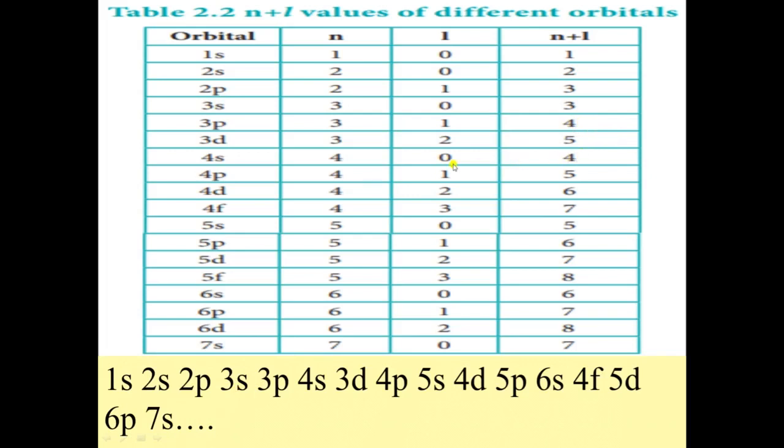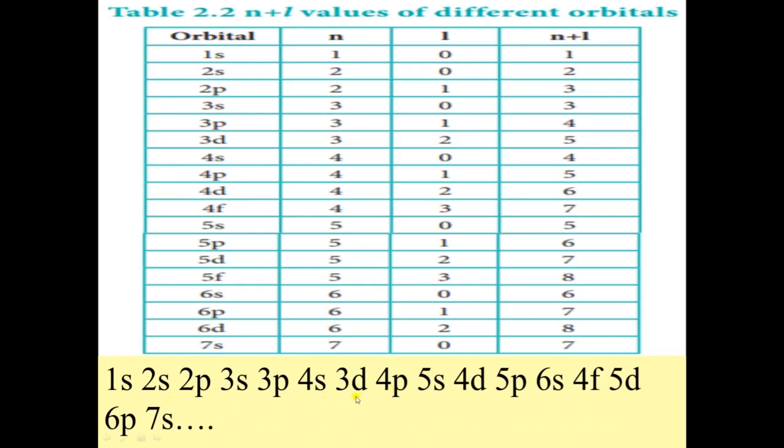So you will look at the value of n. Here the value of n in 3p is 3 and in 4s it is 4. So that means the energy of 3p orbital is less. So 3p will come first and after that 4s will come. So this is the order of energy of these orbitals.